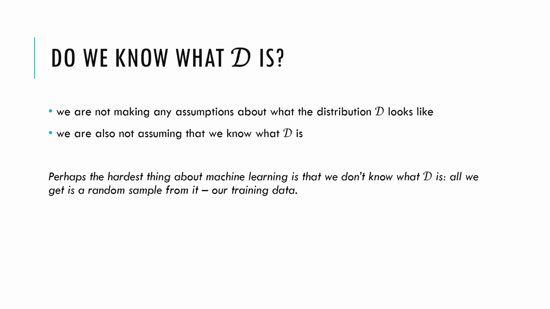We have to remember that we are not making any assumptions about what the distribution D looks like, and we are not assuming that we know what D is. To end this video, perhaps the hardest thing about machine learning is that we don't know what D is. All we get is a random sample from it, which is our training data.